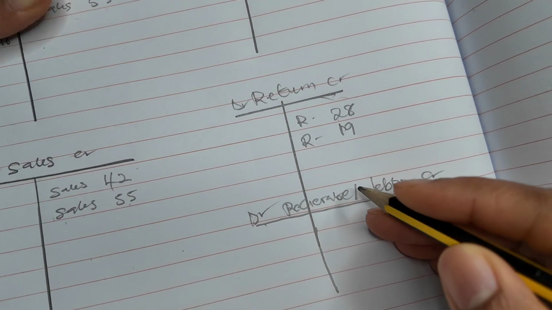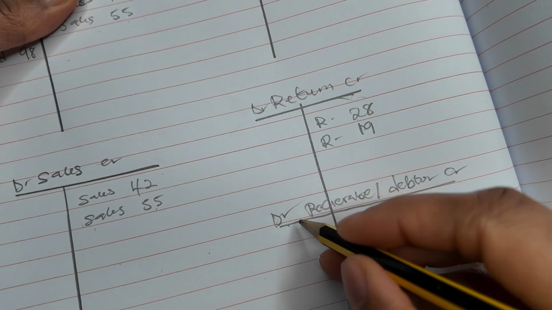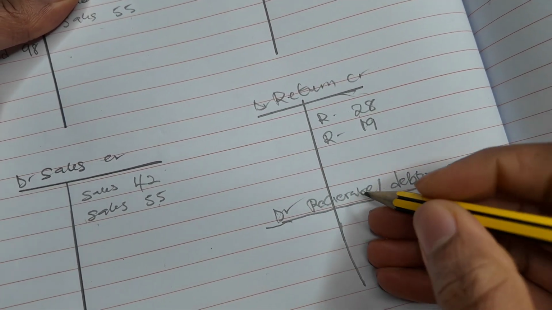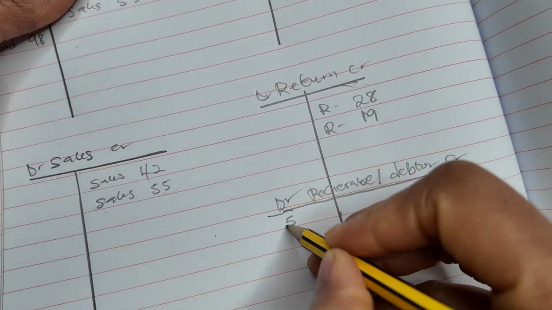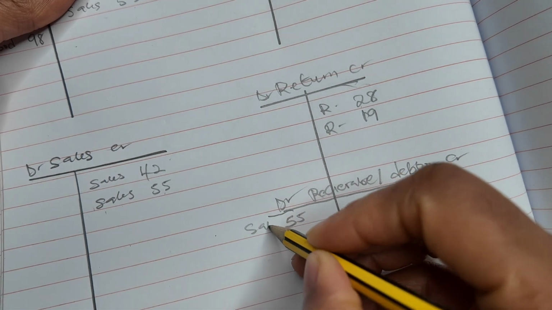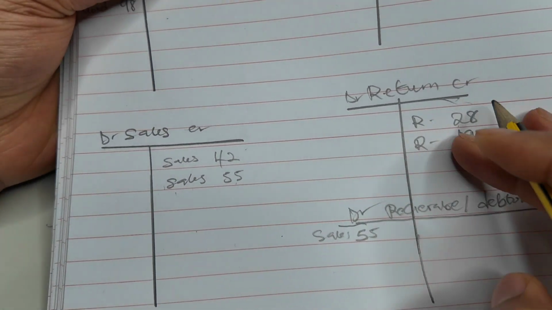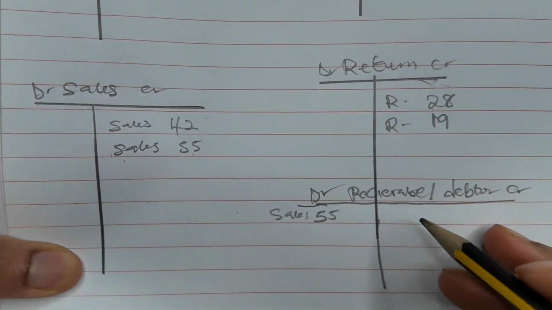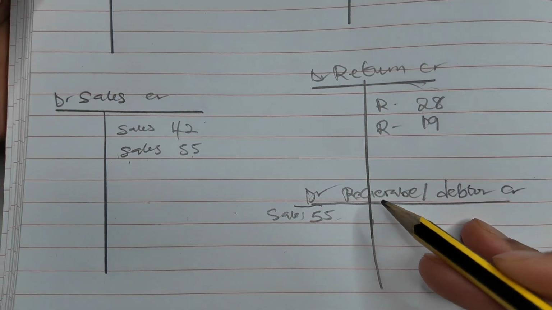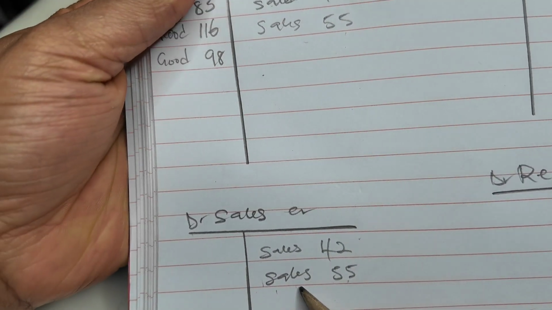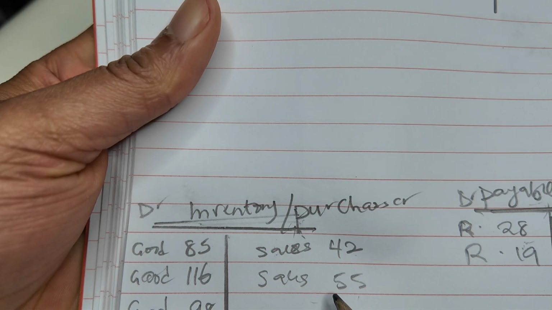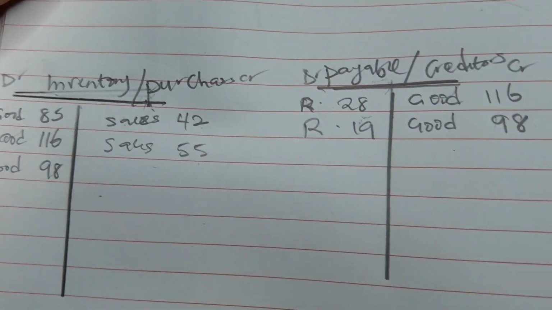Receivable is an asset, and asset has a default debit balance, so £55 sales. You see, these sales affected three accounts. It affected our receivable, it affected our sales, and it affected our inventory.